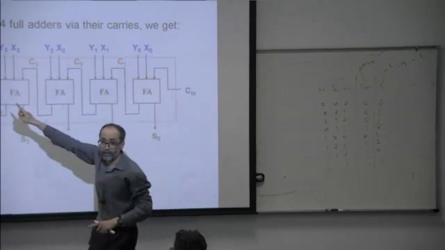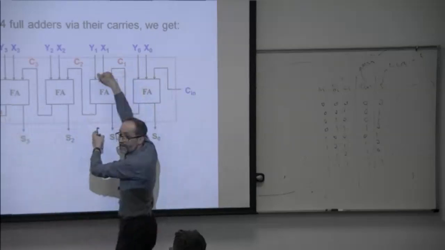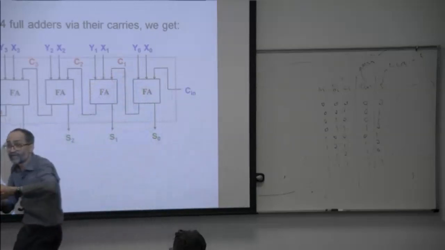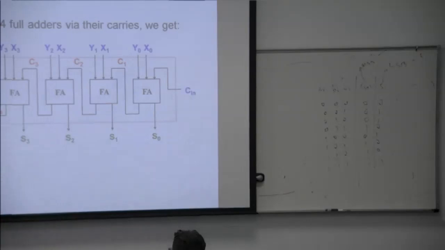C in is the input, C out is the output. Inside, these are the intermediate signals. They do not appear at the output. Got it or not?